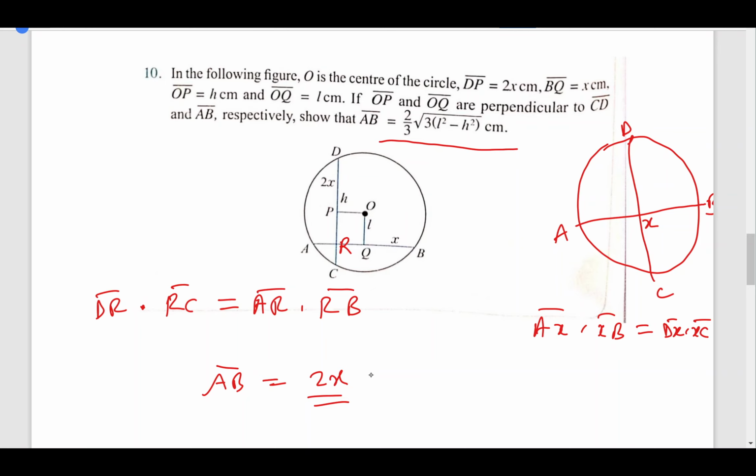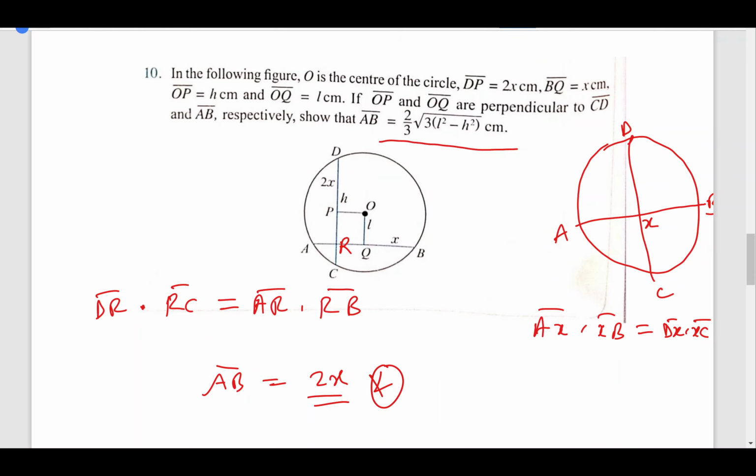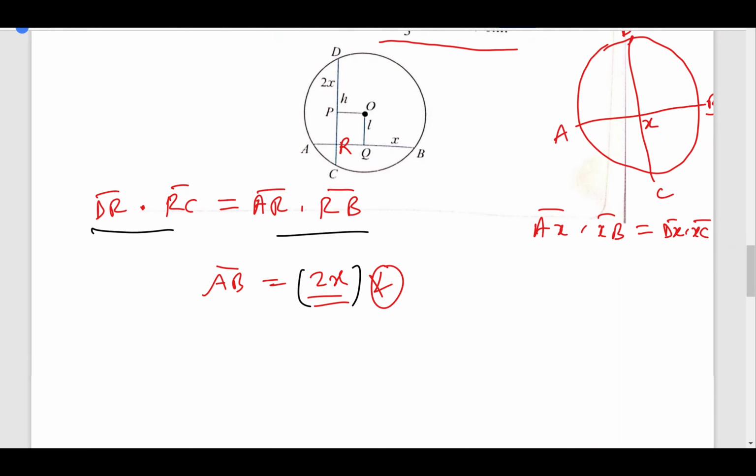So the hint is AB to be 2x, and now we are going to see how we are going to manipulate the equations, this product here, so that at the end we are going to get 2x, and 2x will be AB. And so if AB matches the given equation above, then we can say that we are done.